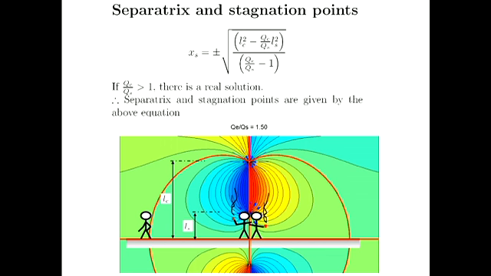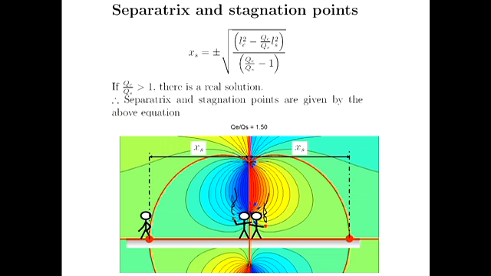So in that case, there are another 2 stagnation points at plus and minus XS, and those 2 stagnation points are going to define this separatrix, which is going to contain that smoke around the smokers, all right? Does that make sense? So that equation gives me XS, and that gives me a plus or minus XS, which is a stagnation point location along that horizontal wall, okay?